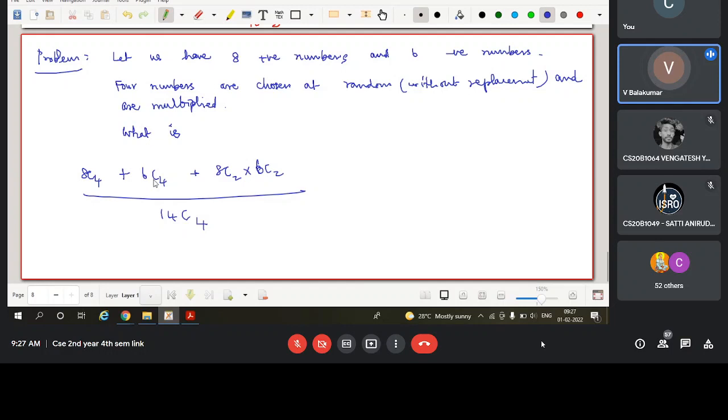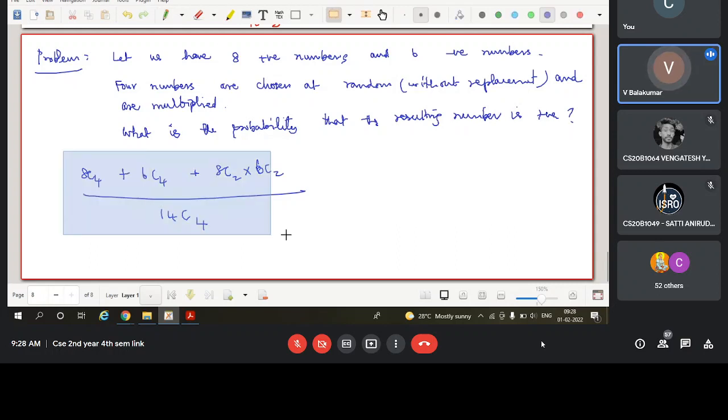Others, is there anyone who disagrees with this result? Or any other result they have? Anything is fine. Any other option?